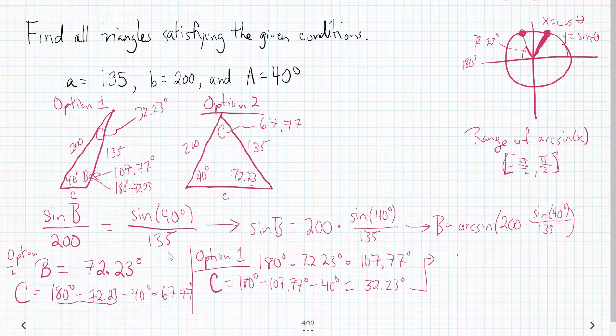And so in that case, we'd have little c over, so we're starting with option 2 now, sine of 32.23 degrees equals, well, we can take the 135 and divide that by sine of 40 degrees. So in that case, our little c equals sine of 32.23 degrees times 135 divided by sine of 40 degrees.